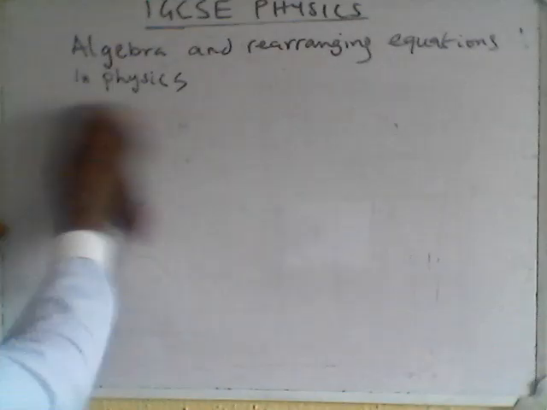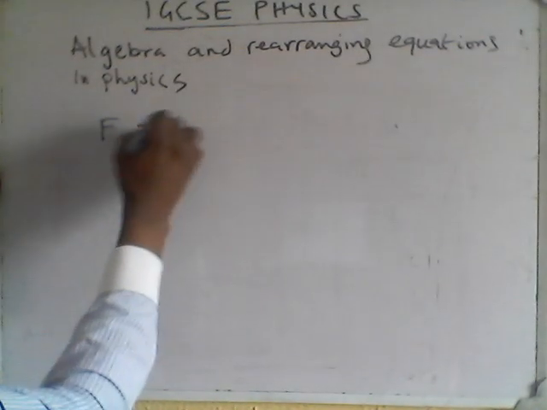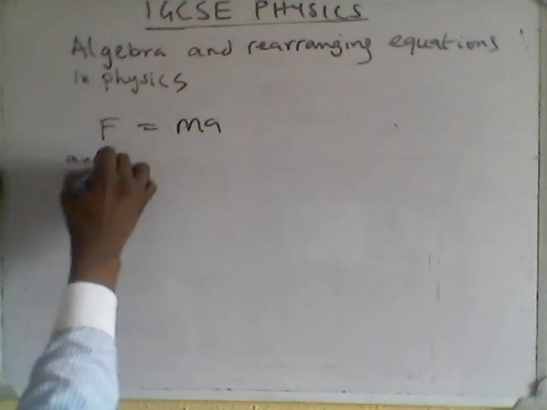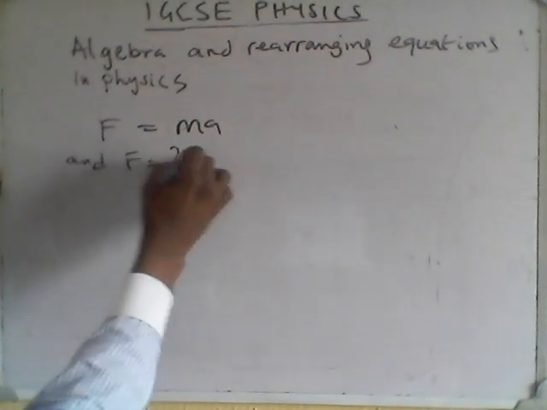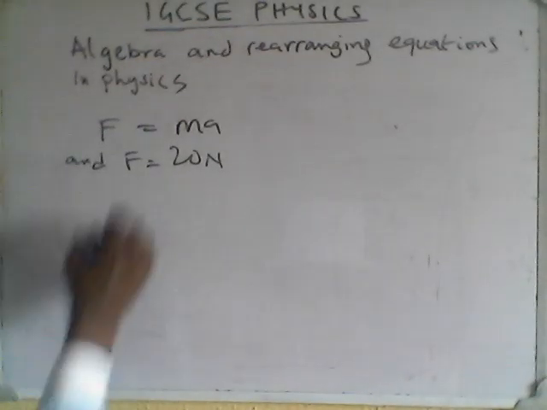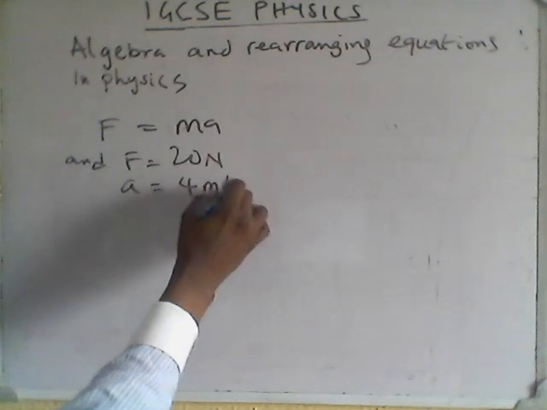Let's just review basic algebra from your mathematics. So if, for example, I have F is equal to ma, like I've said earlier, and F is given as 20 Newton, then a is given as 4 meters per second squared.